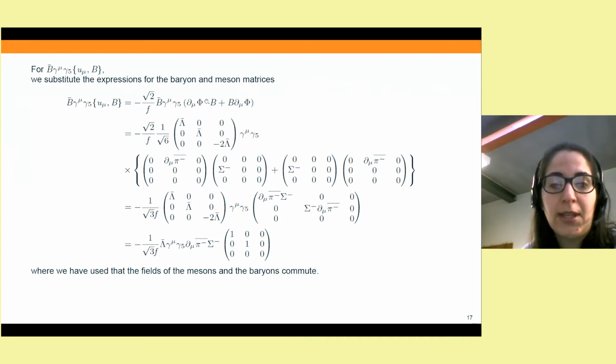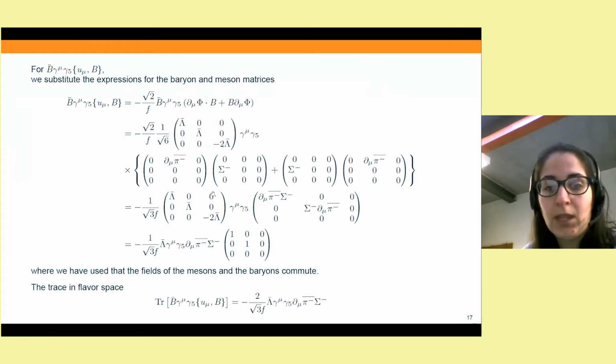And then we have the derivative of the meson field, and we only keep the pi minus in our vertex, okay? Then this we have to multiply it by the matrix with the incoming baryon, so the sigma minus here. And then because we had this anti-commutator, we have the inverse product, okay?